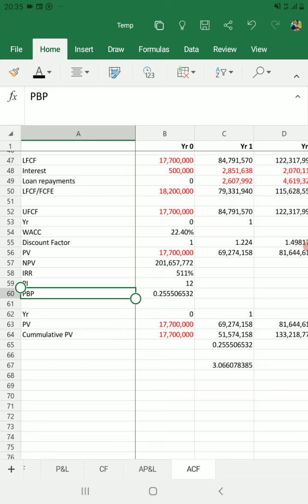For example, if it is a profit and loss statement, you express all the line items as a percentage of sales, okay, to derive the percentage of each component, each line item within the profit and loss statement.